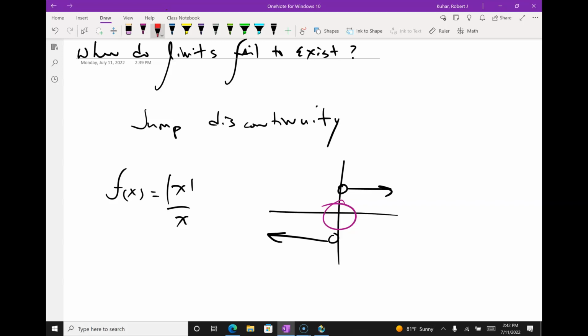If I restrict the width, the pieces of the function had better still be on the dartboard. But look at this part of the function right there. Is it on the dartboard? No. So I picked an epsilon smaller than the gap. There's no way to find a delta. Everything will stay off the dartboard no matter what.